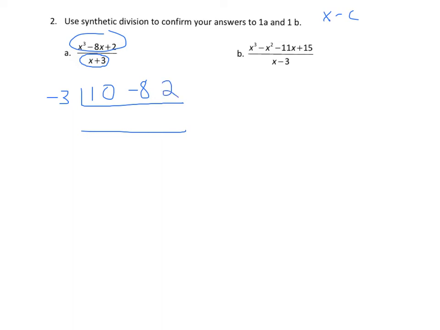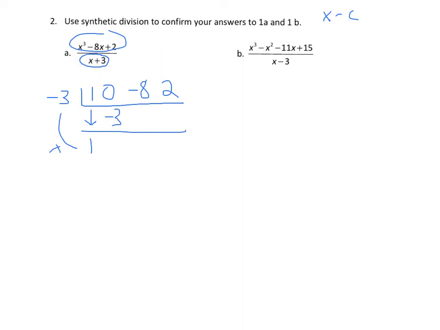You are going to start by bringing down the first number below the line. And then you are going to multiply the number in front by that number below. Negative 3 times 1 is negative 3, and that goes in this space.